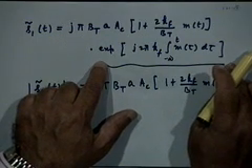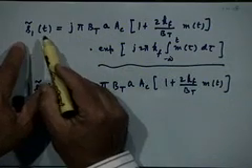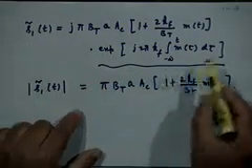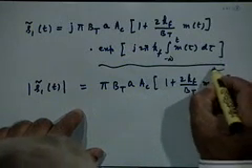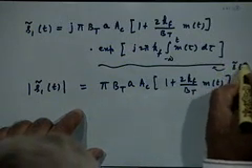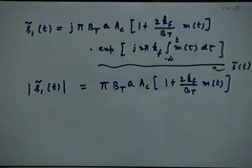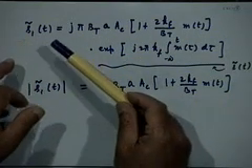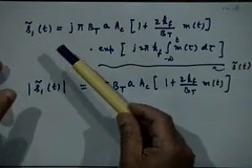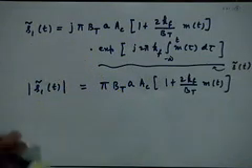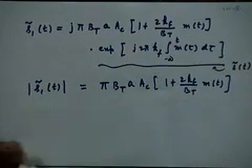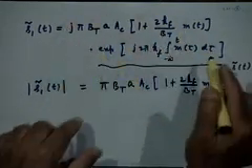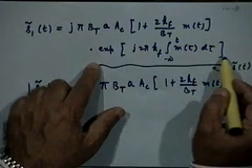This is the complex envelope of the input, this is the complex envelope of the output, and this is S tilde t, the complex envelope of the input. The modulus of this, which represents the envelope of the output waveform, is given by the multiplying term, pi bt, because the modulus of the other term will always be unity.